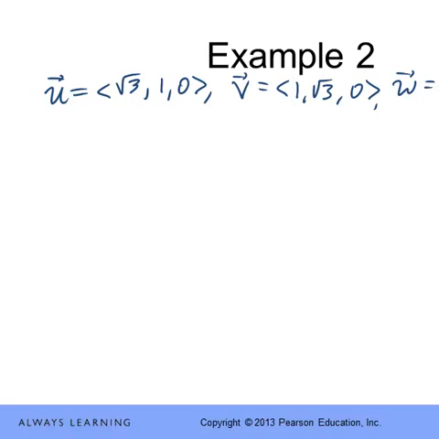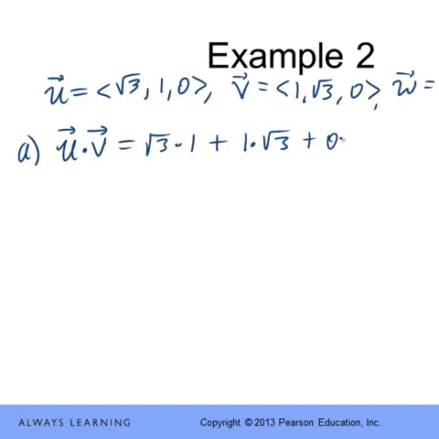Now we're going to do some computations. Part A, let's compute u dot v. That means we take the x component of u times the x component of v, root 3 times 1, plus the product of the y components, 1 times root 3, plus the product of the z components, 0 times 0. So we have root 3 plus root 3, which is 2 root 3. So there's u dot v, just a scalar.